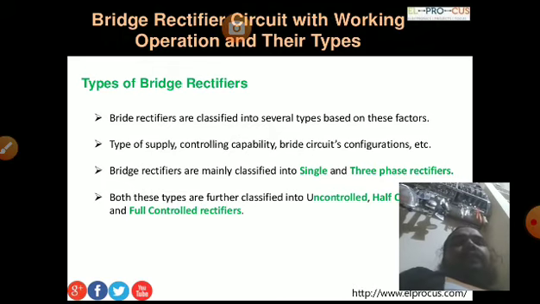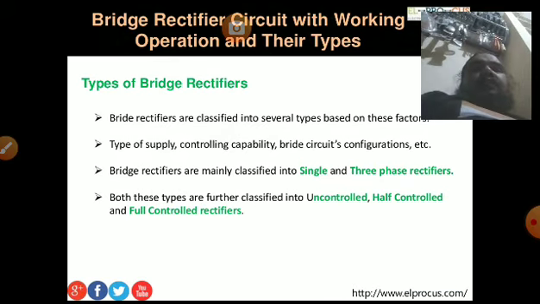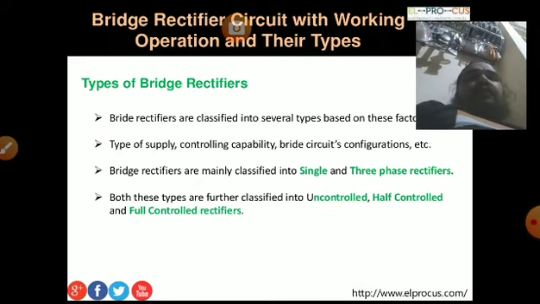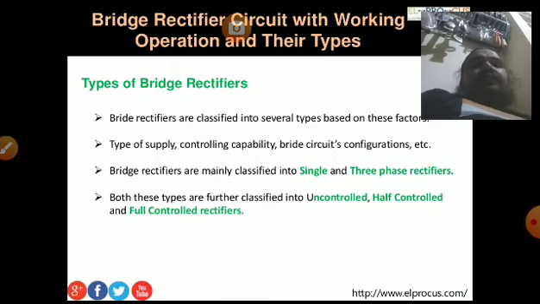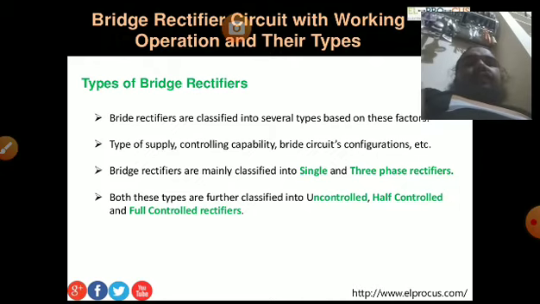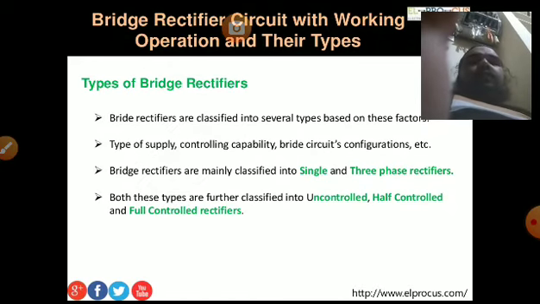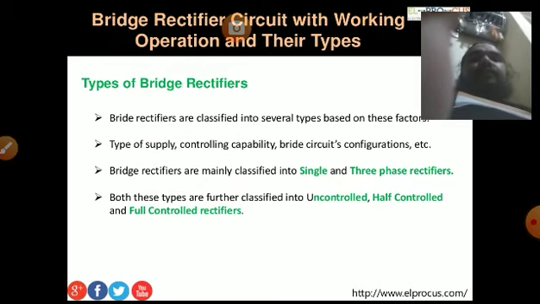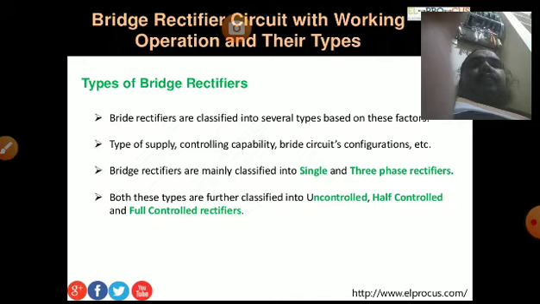Types of bridge rectifiers: bridge rectifiers are classified into several types based on factors like supply, controlling capacities, bridge circuit configurations, etc. Bridge rectifiers are mainly classified into single phase and three phase rectifiers.